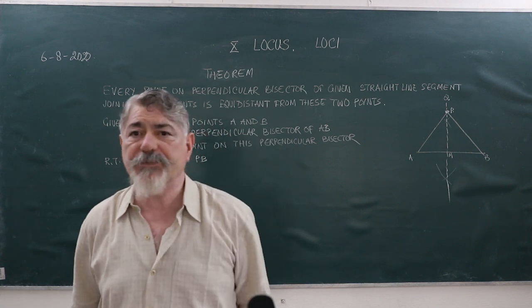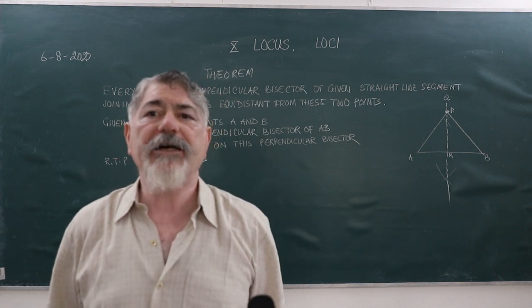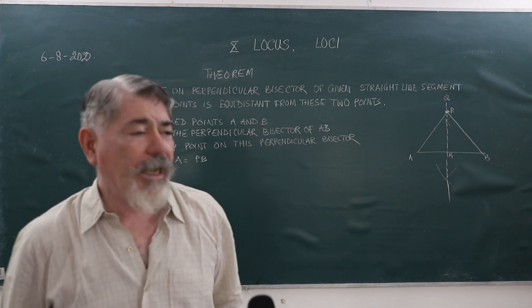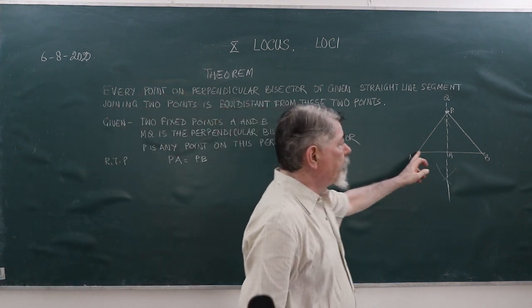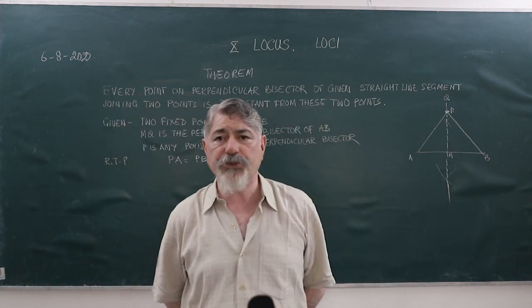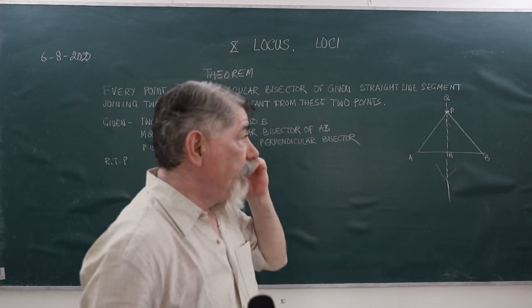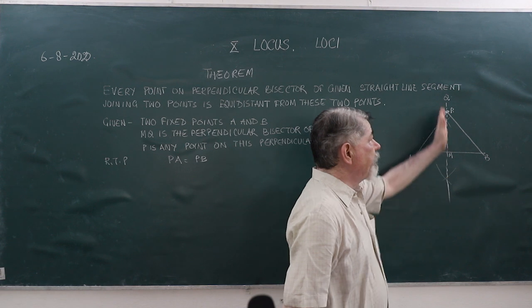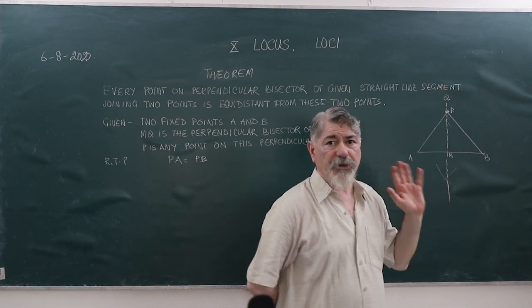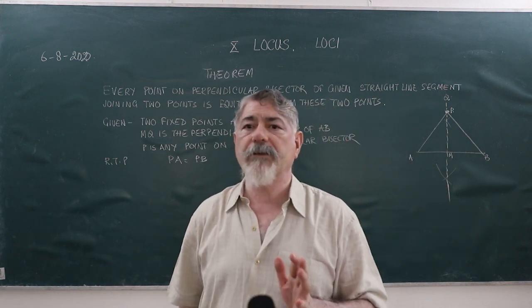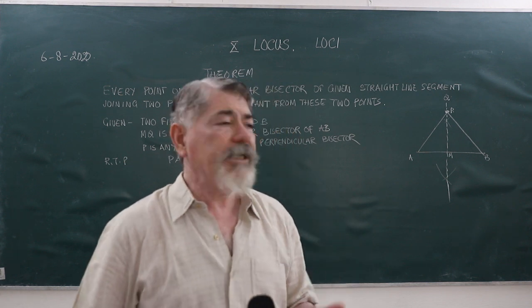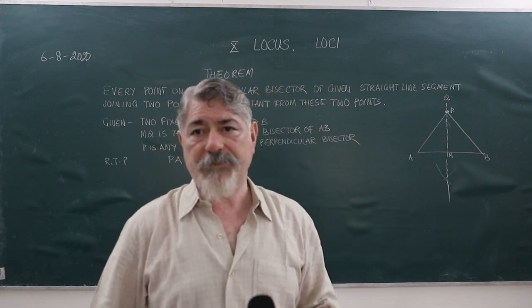A and B are two fixed points. If we draw a perpendicular bisector of AB, as I have shown in the figure, then every point on this perpendicular bisector would be equidistant from A and B.